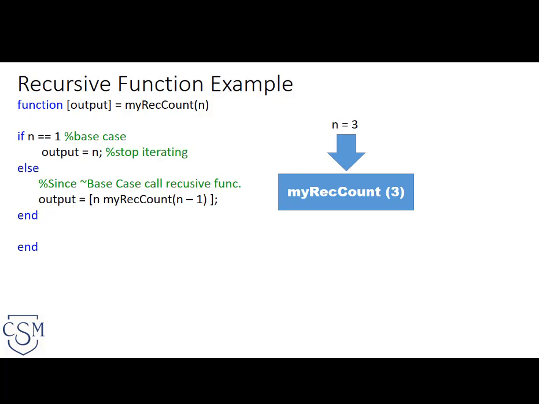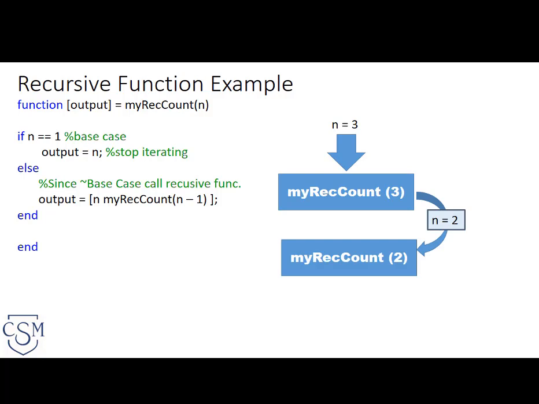Well, no, n is 3. This is not the base case, so it'll go into the else part of this if statement, and it will say output equals n, so n in this case is 3, and then my recursive count of n minus 1. So before it finishes running this function, it's going to call itself with n equals 2.